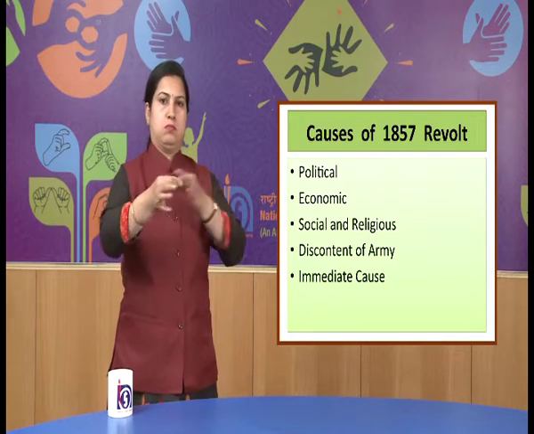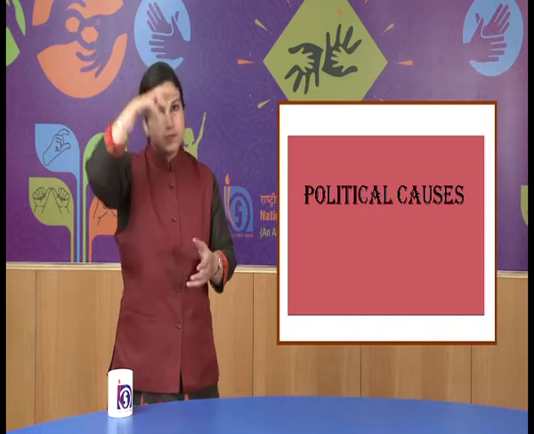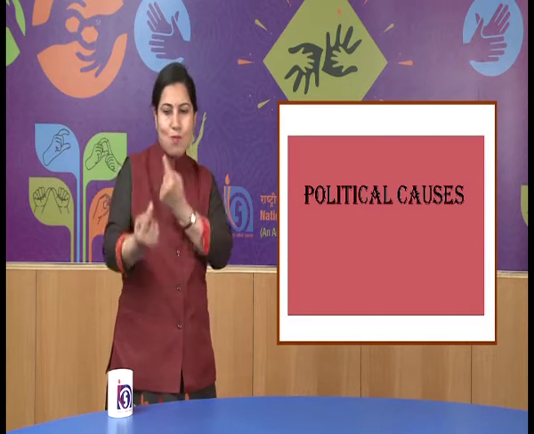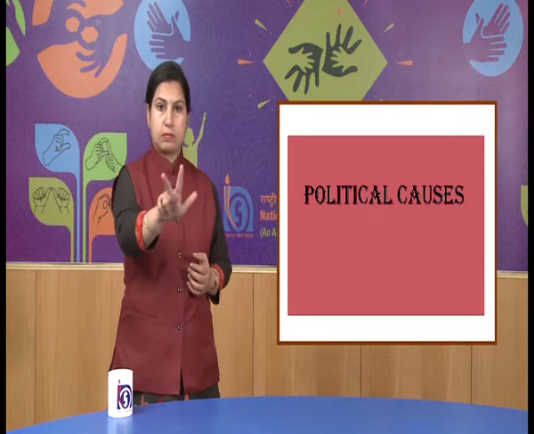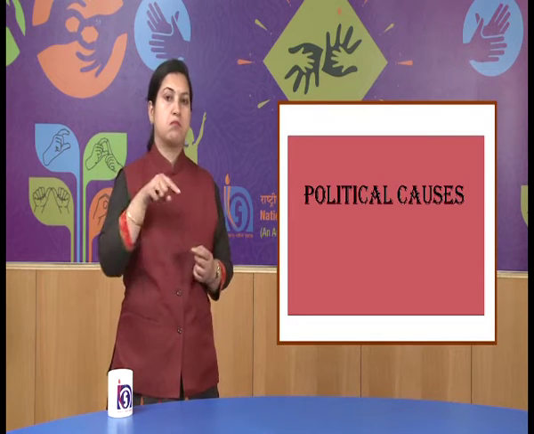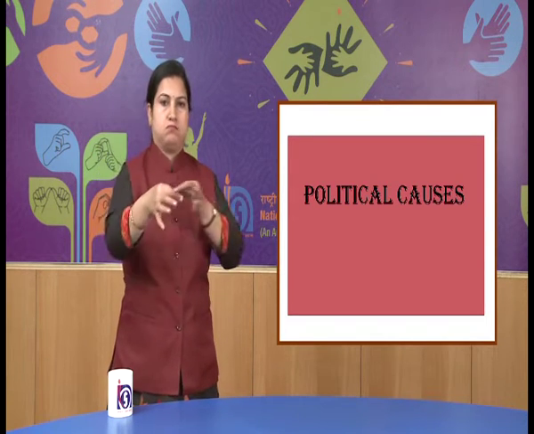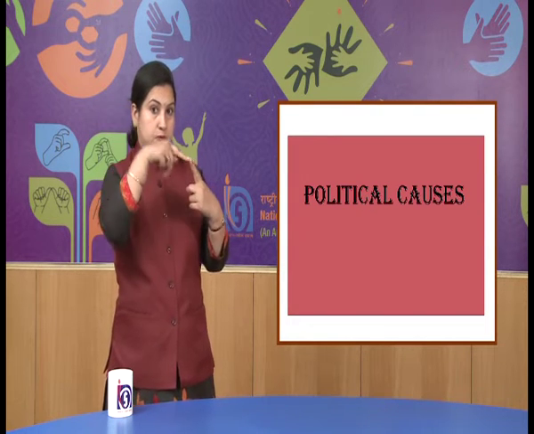Let us first study the political causes that were responsible for the beginning of the 1857 revolt. So now we are going to discuss about political causes. This is the first cause.